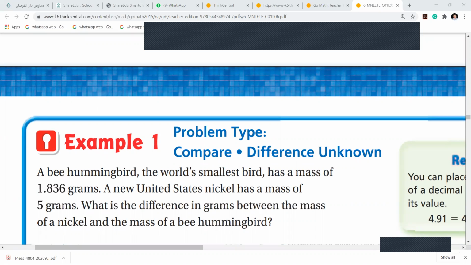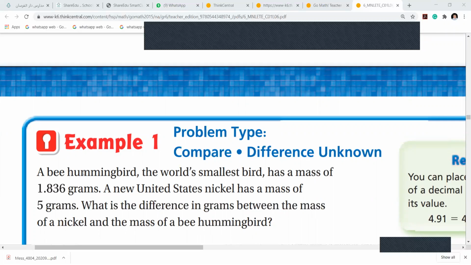You will say 1.836. 1 is in the place of ones. A new United States nickel has a mass of 5 grams.